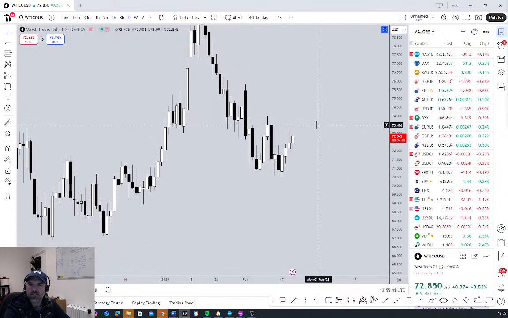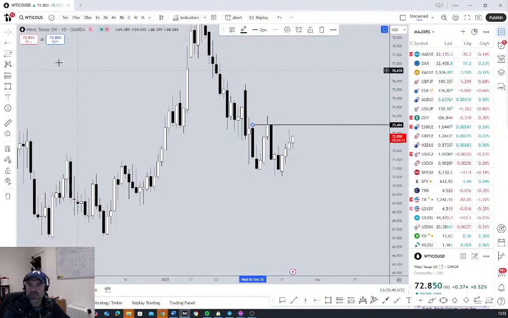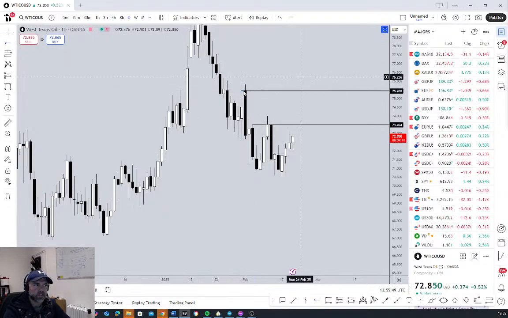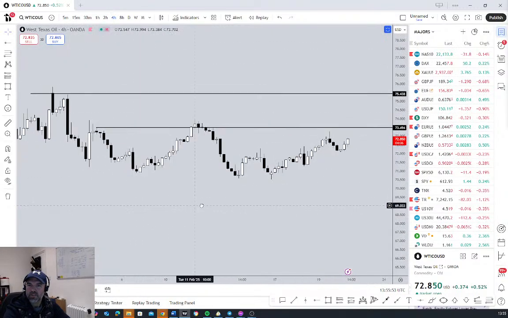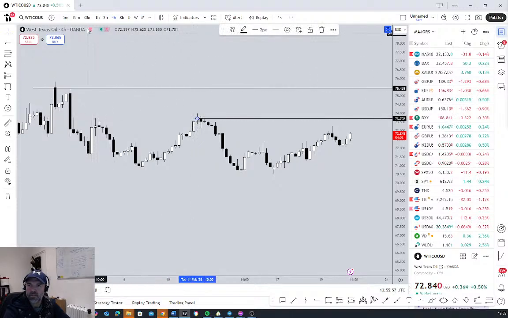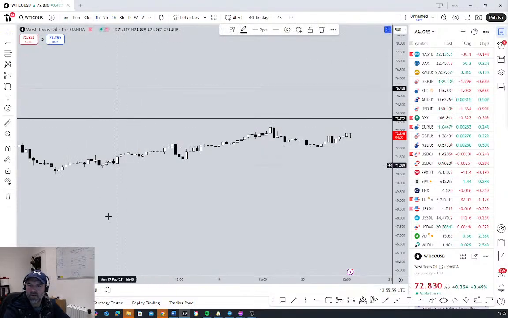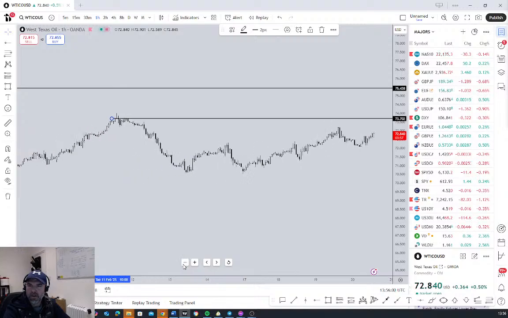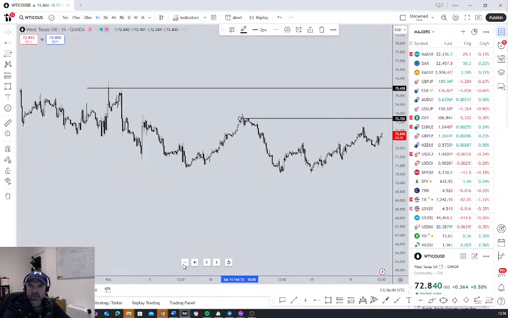I think realistically, if you're looking at the daily chart, you want to be long above 73.50. There's your level. So just pop that one to here. Yes, long above 73.70, I think.